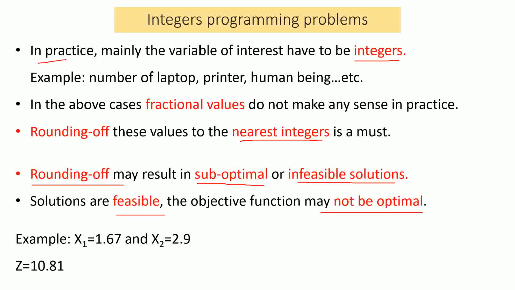For example, look. If we get x1 1.67 and x2 2.9, so if x1 is the number of laptops and x2 is the number of printers, we have to round this number into the nearest integer, just to make sense, because we cannot have 1.67 laptop and we cannot have 2.9 printer, so we can round off this fractional value to the nearest integer.